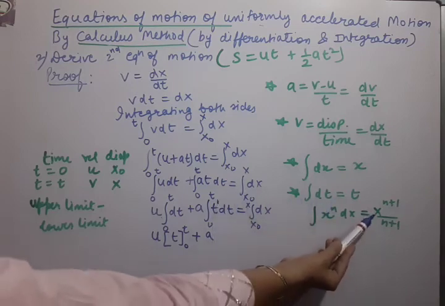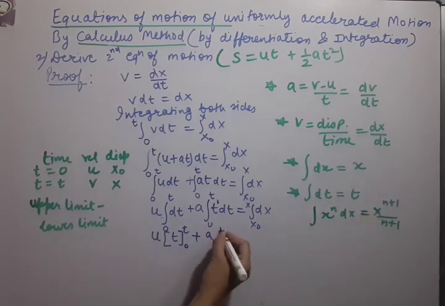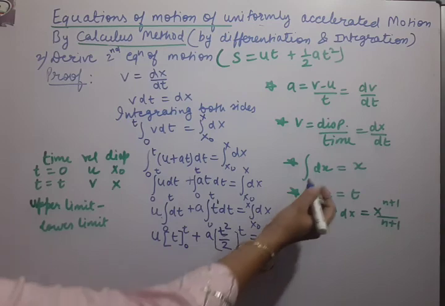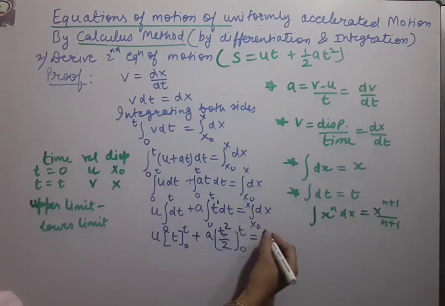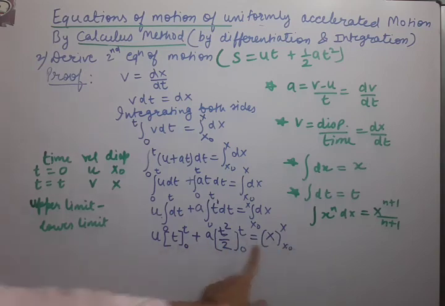So in the answer, t raised to power 1 plus 1, that is, t raised to power 2 upon 2 will come. Limits are 0 to t. Now this right side: integration of dx is x, and limits are x0 to x.